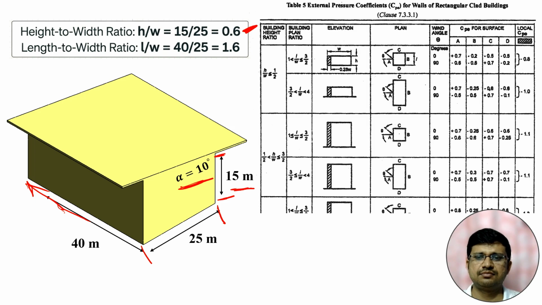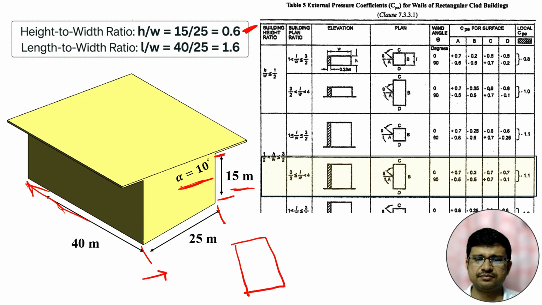So here our CPE for the side faces, for the walls, will be like this. For 0 degree, when wind is coming from 0 degree, for face A it will be plus 0.7, push, positive means push. For face B it will be minus 0.3, pull. For faces C and D it will be minus 0.7, again pull.